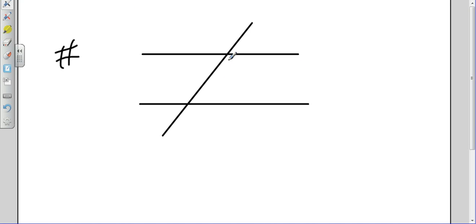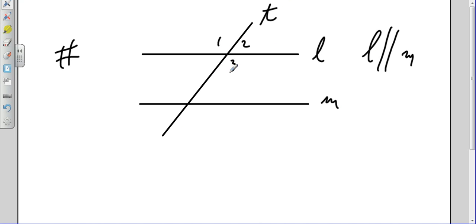Okay, and then I have line L and M, and L is parallel to M. And I have a transversal T crossing between them. I have angles 1, 2, 3, 4, and 5. And I want to know which angles are vertical angles.